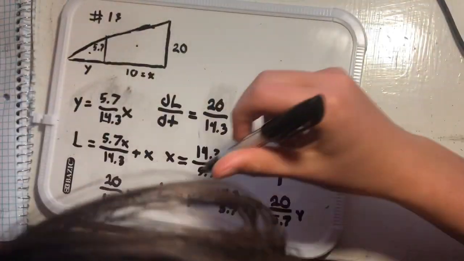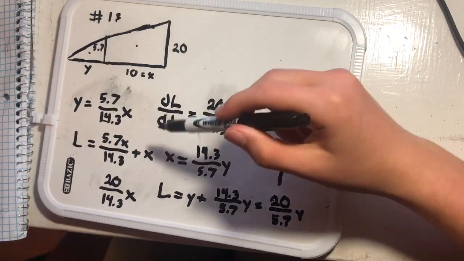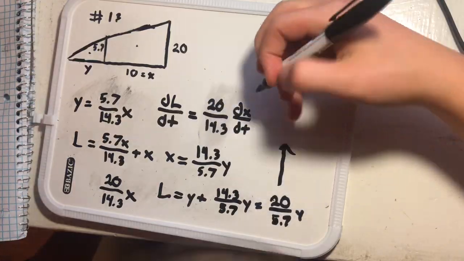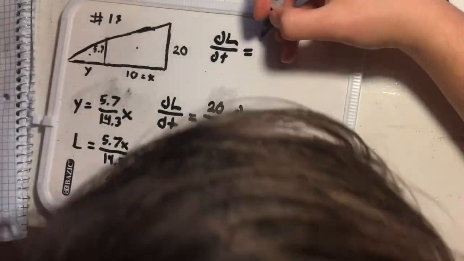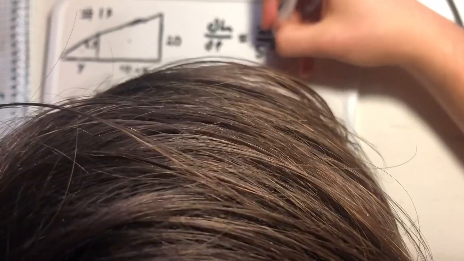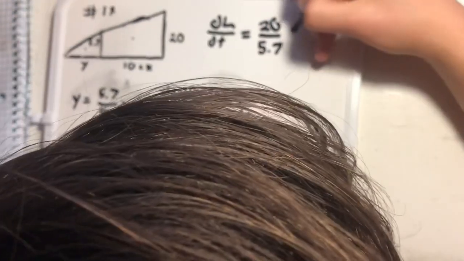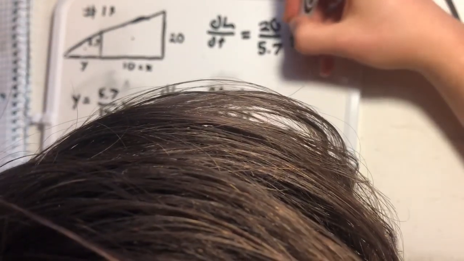And if we solve in respect to time, this becomes dL/dt equals 20 over 5.7 dy/dt.